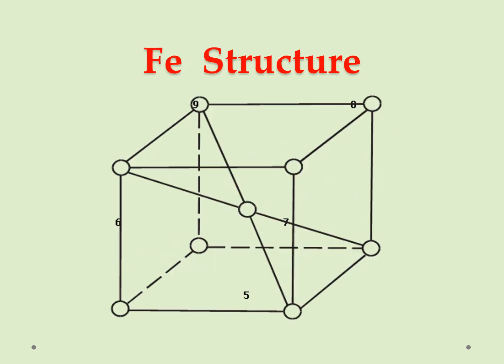Another example, the ferrum structure. Let's begin to describe the crystal structure of iron. At the vertex of the elementary cell, three mutually perpendicular edges are taken as the coordinate directions.